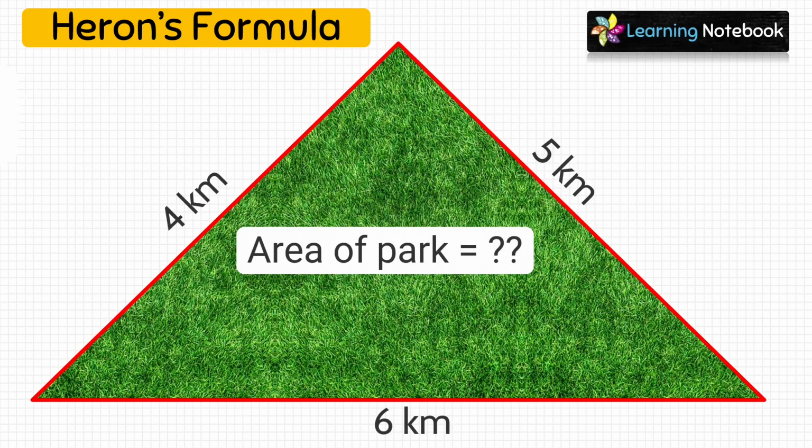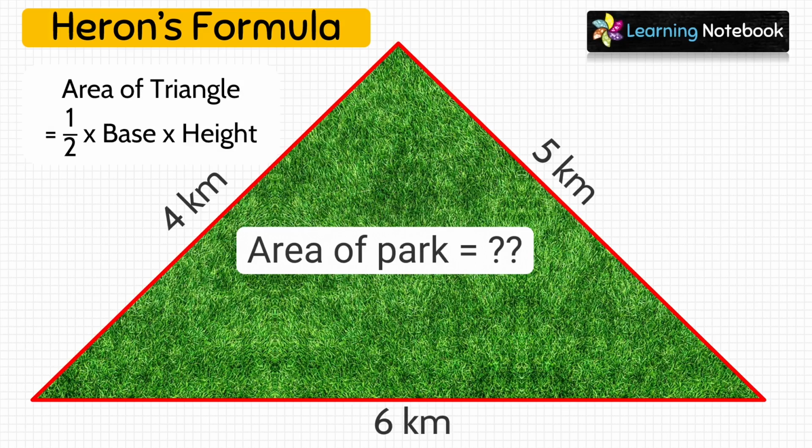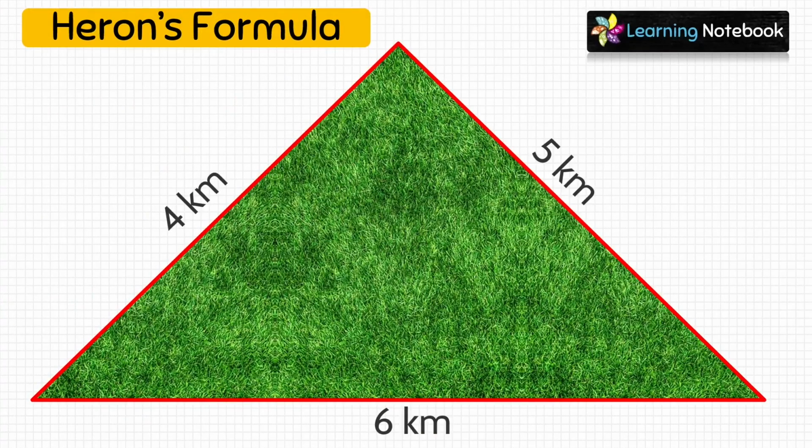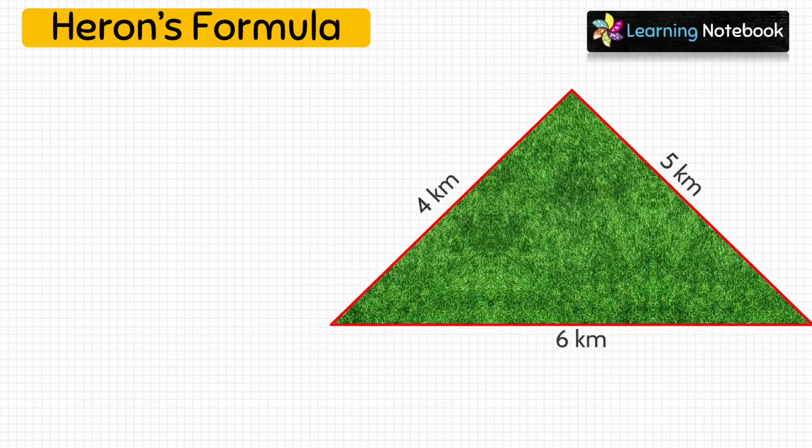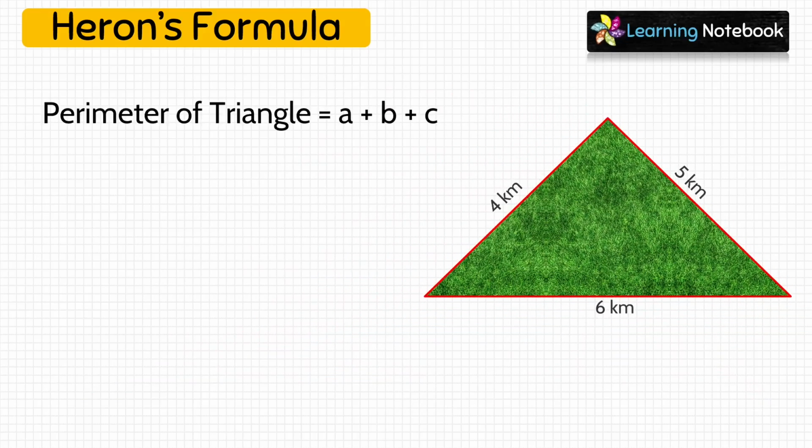Let's try to use the formula to find the area of the triangle, which is half into base into height. But for this formula, we need the height of the triangle, which we do not have. Although we can easily calculate the perimeter of this park, which is the sum of all sides of the triangle. That is 4 plus 5 plus 6 equals 15 kilometers.